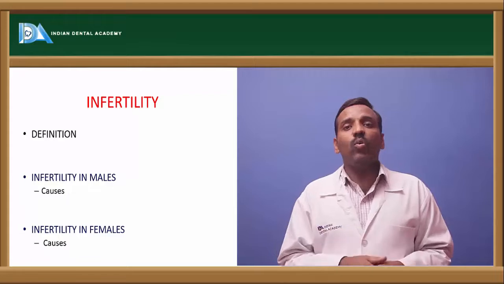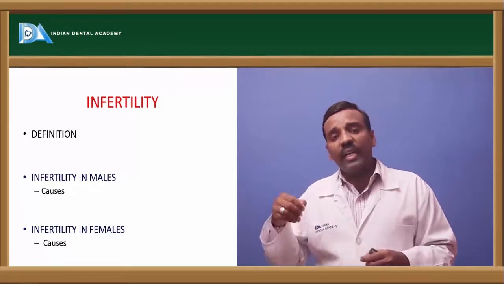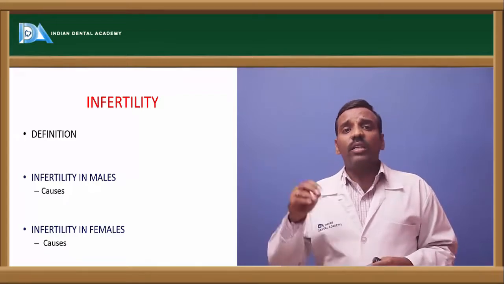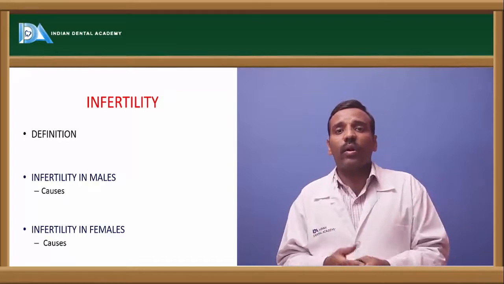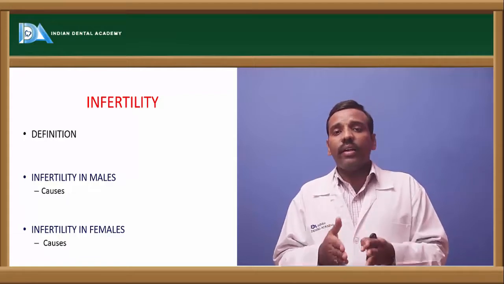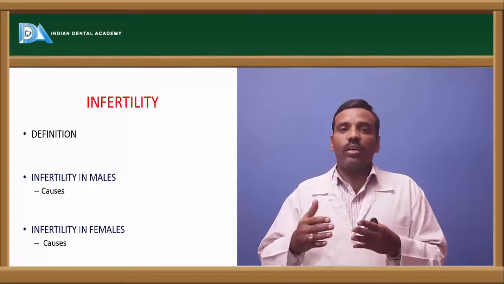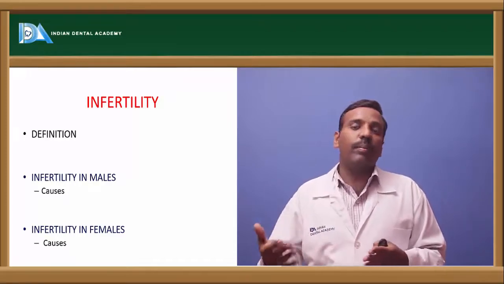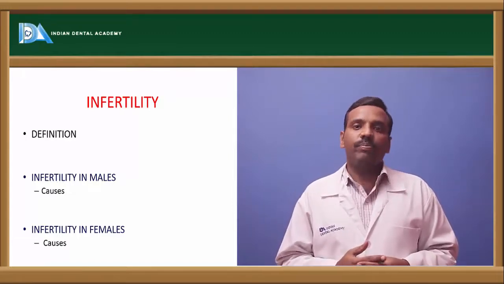That fertilized ovum enters the uterus and selects a place, and that selected place where it is going to implant is called the decidua. There it is implanted, and then there is the generation of the embryo, the fetus and the baby, and then parturition and all this process occurs.